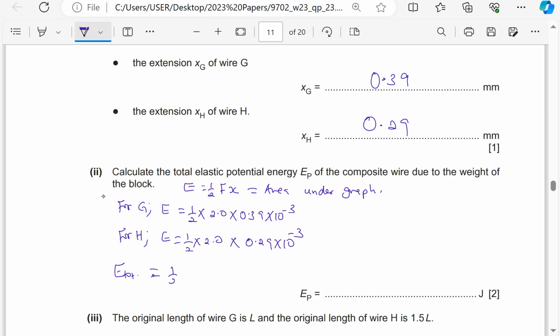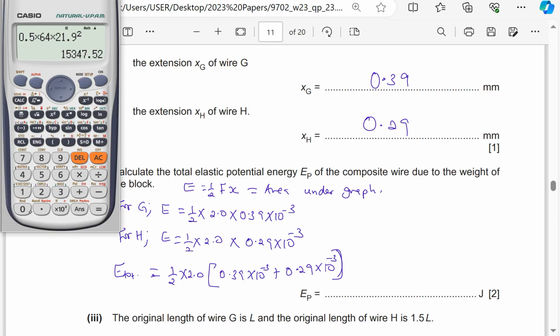So it will be a half times 2.0 into brackets 0.39 times 10 to the power of minus 3 plus 0.29 times 10 to the power of minus 3.